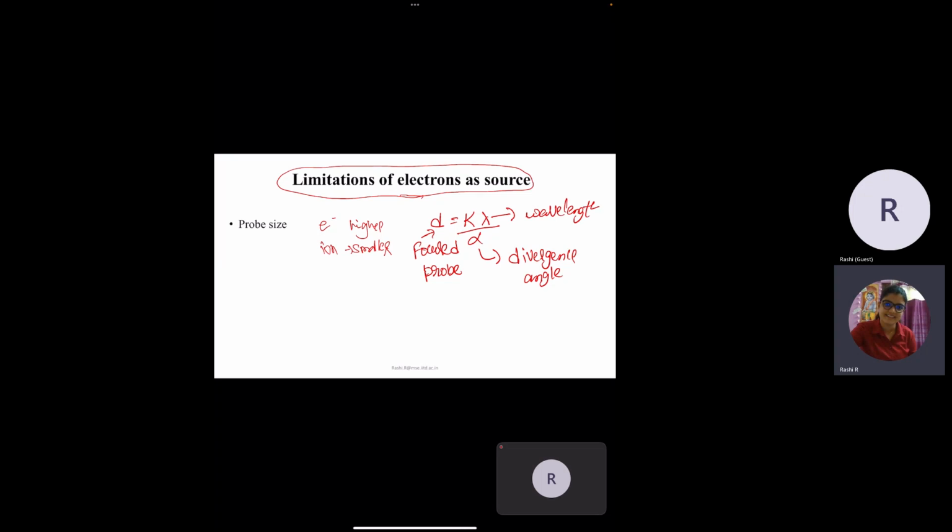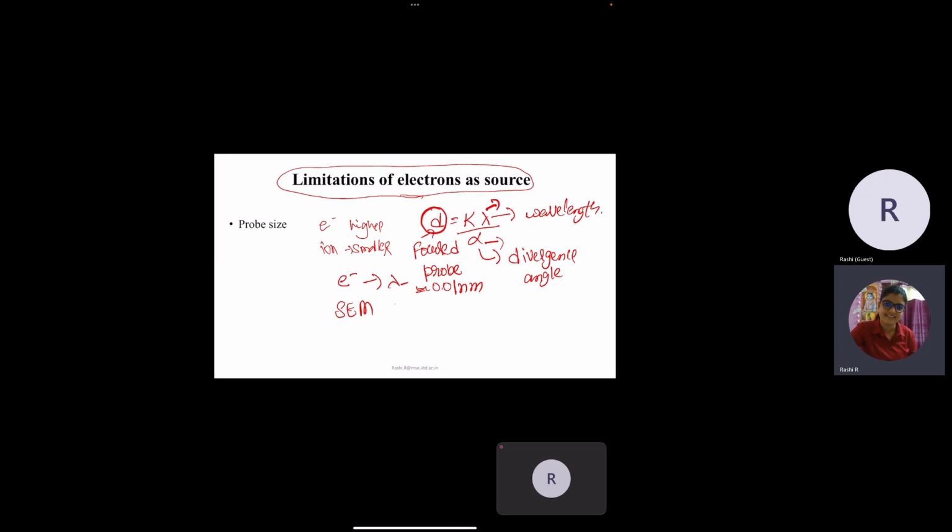For the electron beam, lambda is very small, approximately 0.01 nanometer in the case of SEM. The probe diameter depends on lambda as well as on alpha.